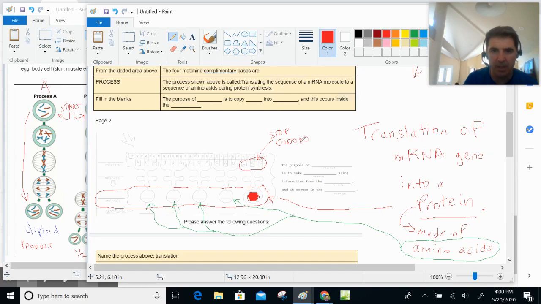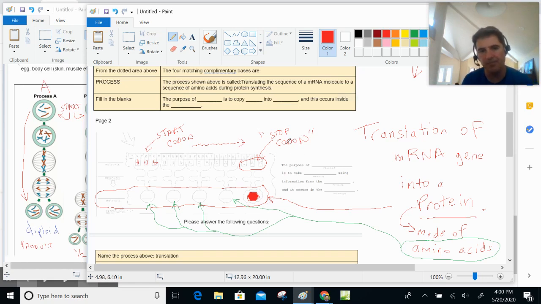You need to stop here. So that's 1, 2, 3, 4 amino acids plus a stop codon. This is the start codon, AUG. AUG is the start codon. And so it says, hey, start here and then read this way and finish here.